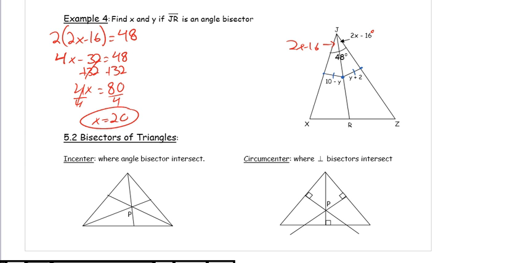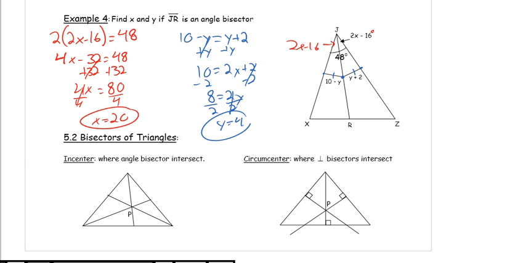These are the same. So it's as simple as this. 10 minus y equals y plus 2. So I'll add y to both sides and subtract. y equals 4. x is 20, y equals 4.